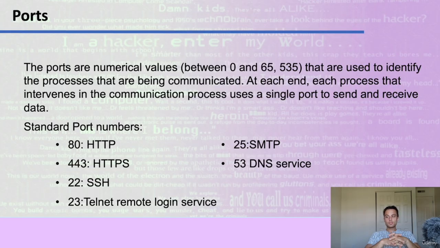As we said, HTTP is on port 80, HTTPS is on port 443, while SSH, or secure shell, is on port 22. Telnet, or remote login, is usually on port 23. SMTP is on port 25, while the DNS service is usually on port 53. These are some typical ports that you can bear in mind, but if you are building custom applications for your system, you might consider creating a specific port number.